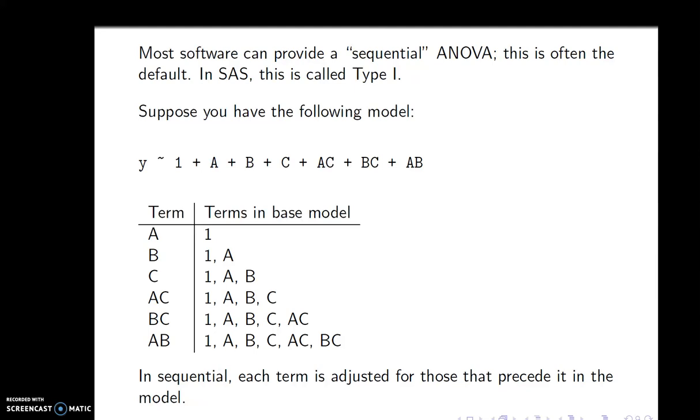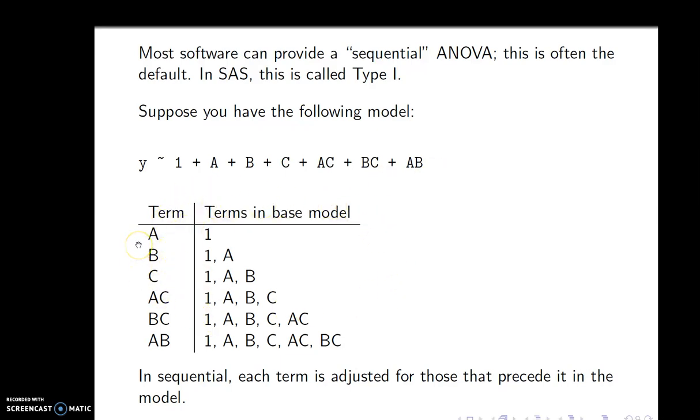Let's generate the reason why we need to start thinking about different kinds of sum of squares within a modeling context. Let's say we have the following model. Notice we have 3 factors, and then we have two-way interactions between those 3 factors. So the terms in our base model are given here.